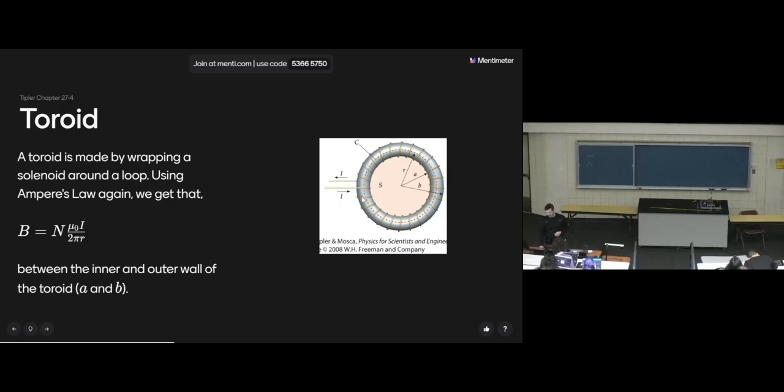N is the number of times that the current wire is passing around the toroid. Yes.